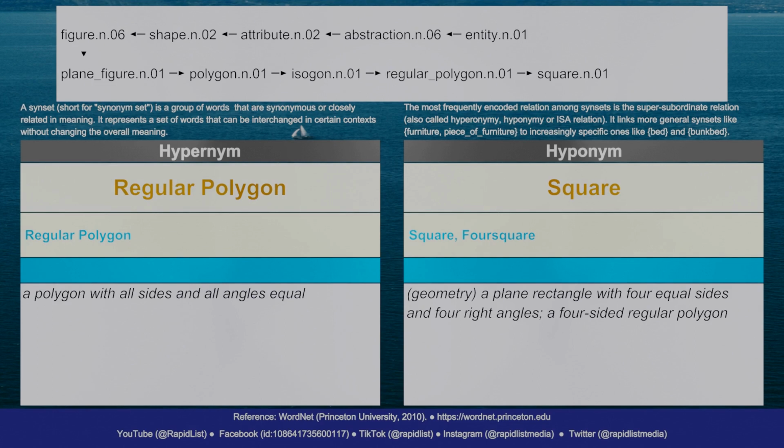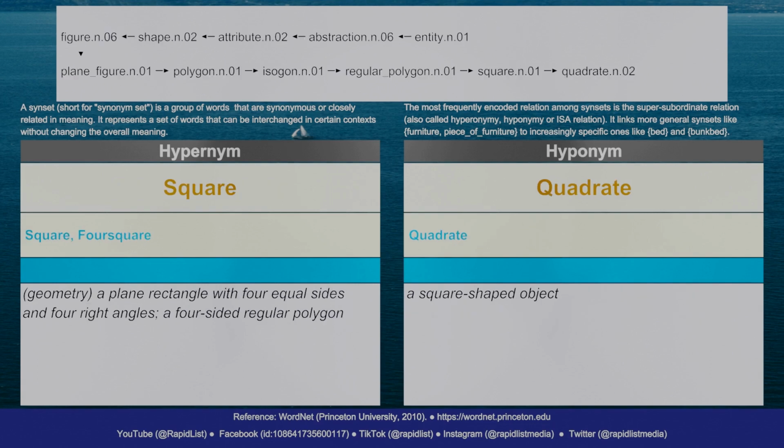Geometry, a plane rectangle with 4 equal sides and 4 right angles, a 4-sided regular polygon. You can compute the area of a square if you know the length of its sides. Quadrate. A square-shaped object.